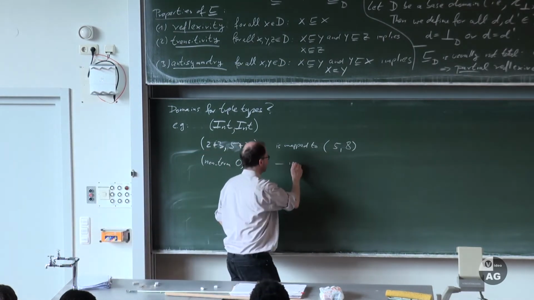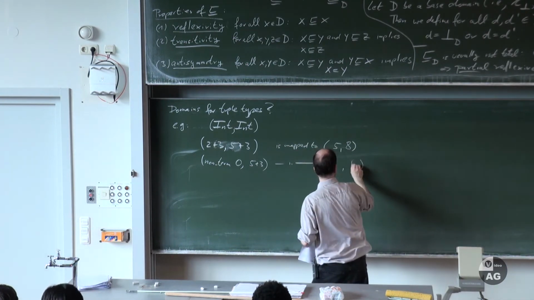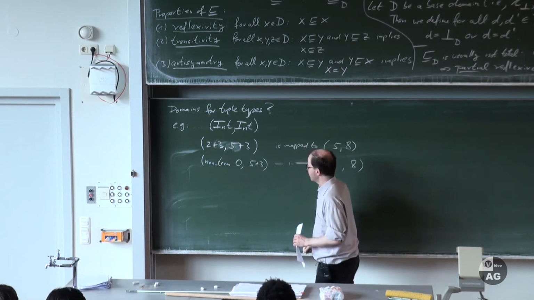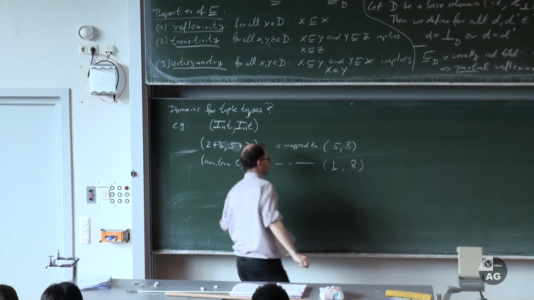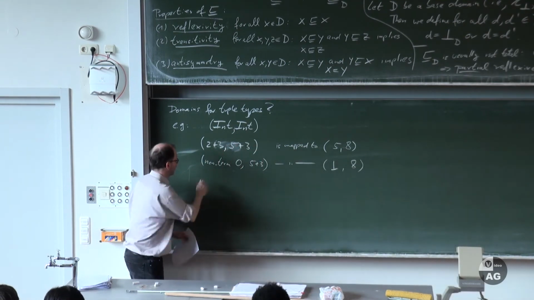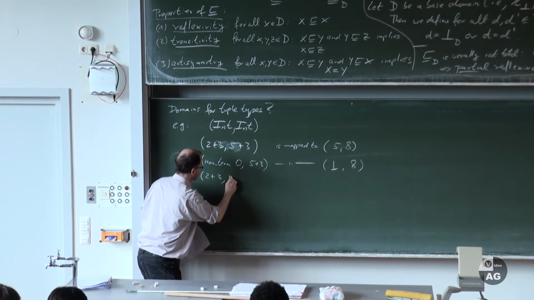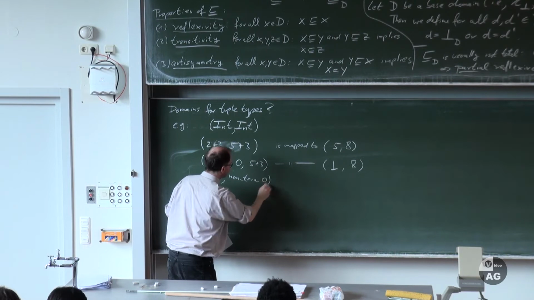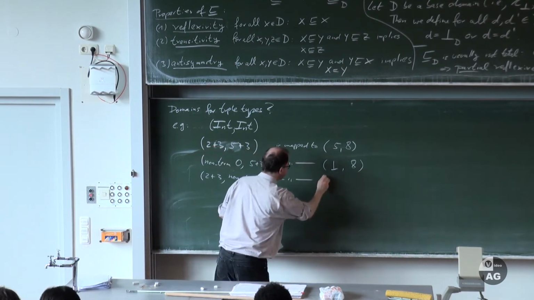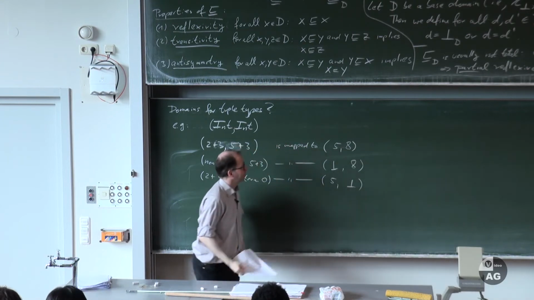So this we should also map to a pair, where the first component is bottom and the second component is 8. And if we turn this around, so 2 plus 3 and non-term 0, what will this be mapped to? Well, obviously to (5, bottom).